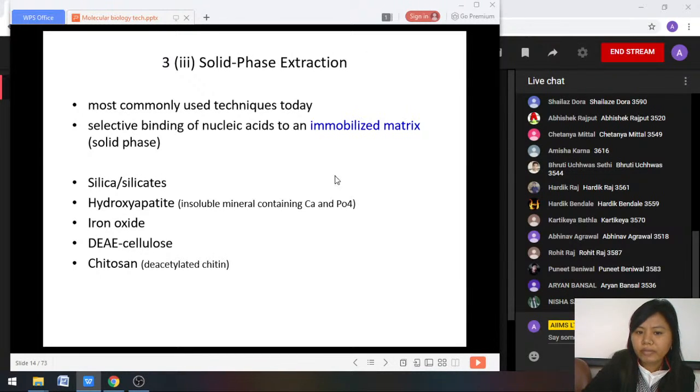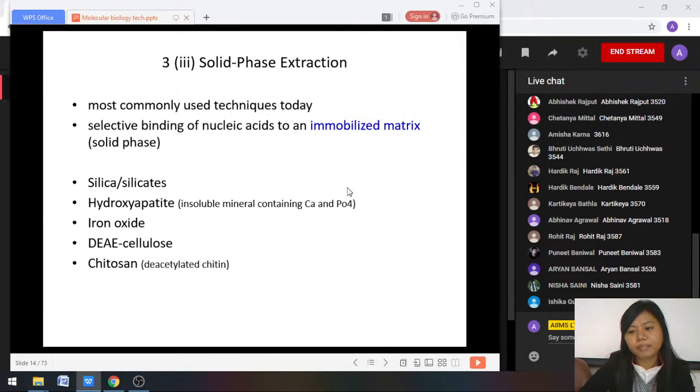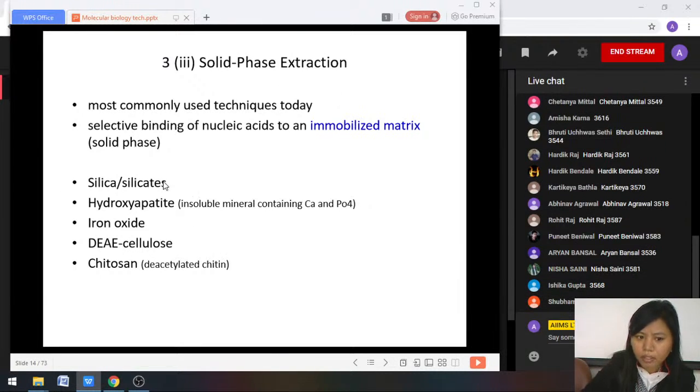In solid phase, as the name suggests, there is a solid matrix, an immobilized component, where the nucleic acid will bind. This nucleic acid can then be separated into another tube or vial and used for further downstream application. This solid phase can be a silica membrane. There are other compounds also available, like hydroxyapatite and iron oxide.